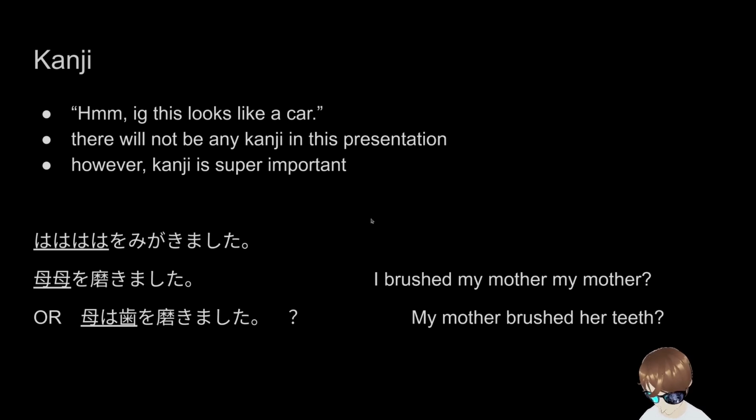It would be okasan. Anyway. Haha wa ha wo migakimashita. See, the second sentence clearly makes more sense. But because of the lack of kanji here in this first sentence, it's hard to actually tell what is trying to be said here. Right?